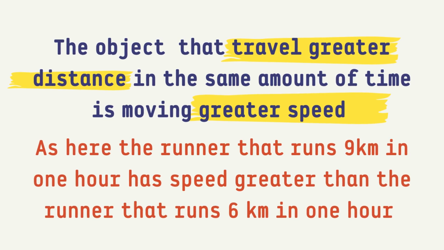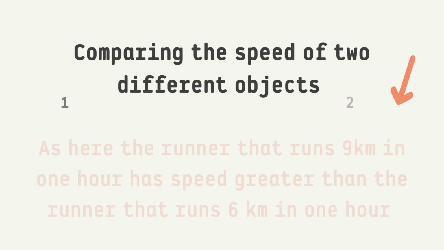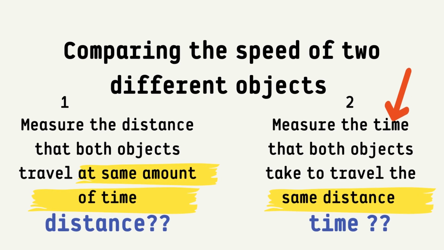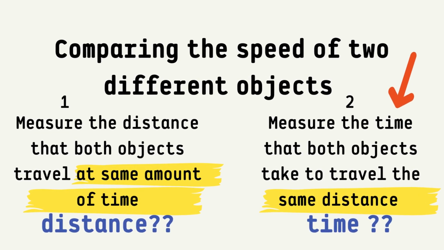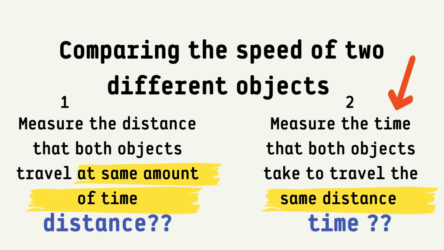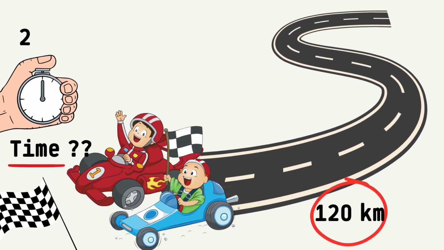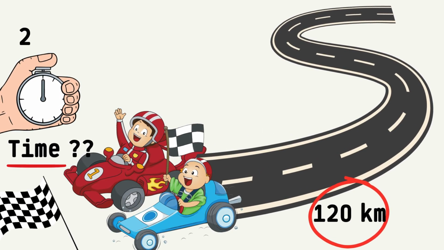So here we can know that the object that travels a greater distance in the same amount of time is moving with greater speed. Now it's time to take an example for the second method to compare between the speed of two objects. We have here a certain distance and we will measure the time taken by each object to reach this distance.